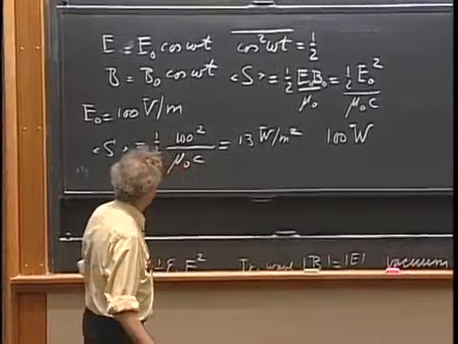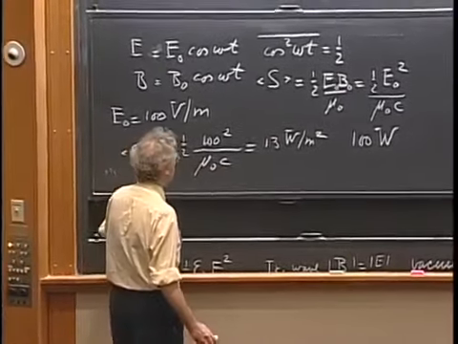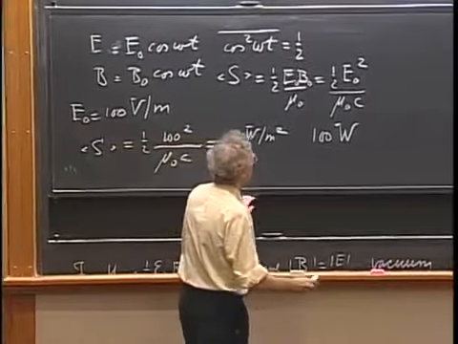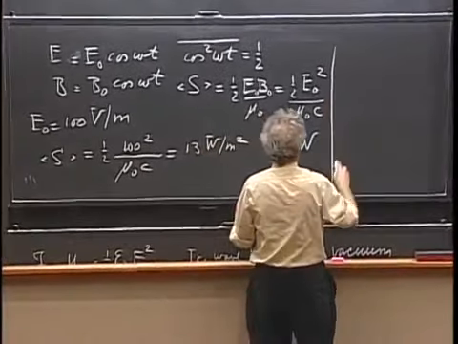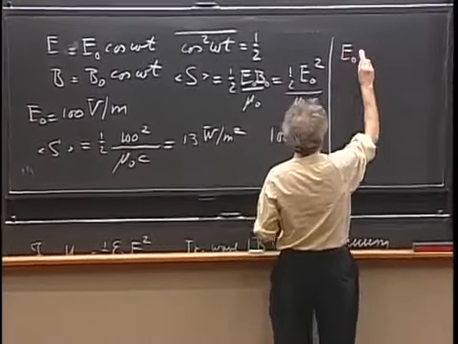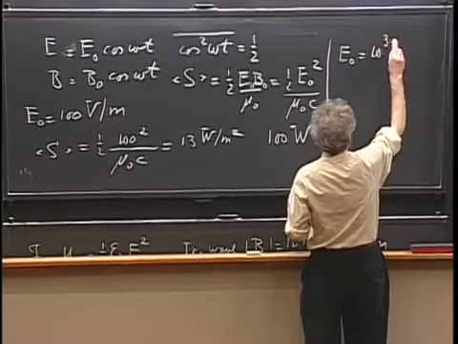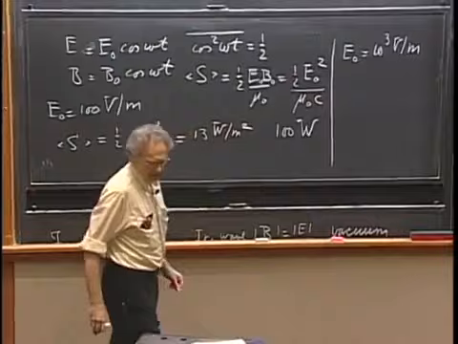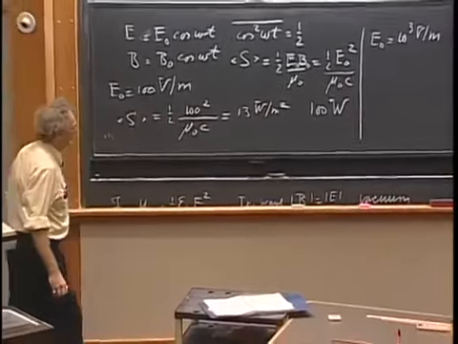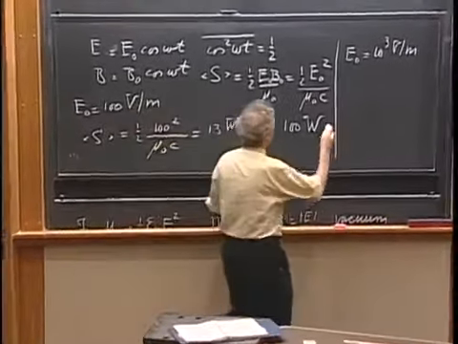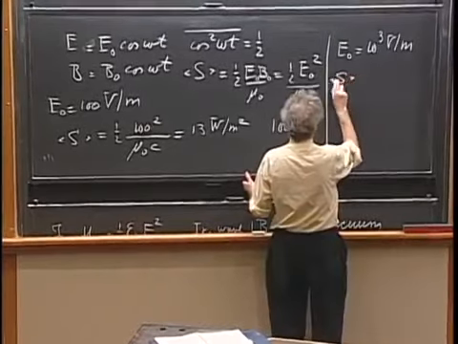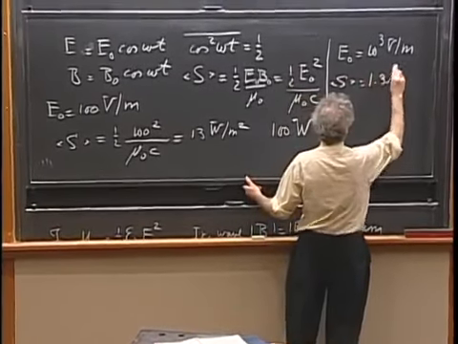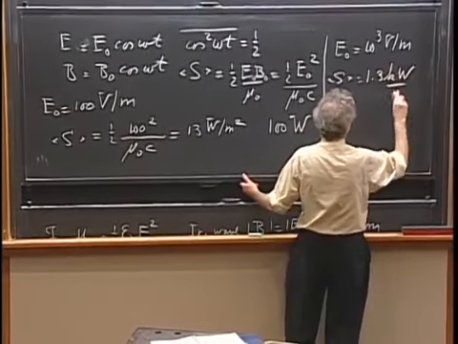But let's now take a situation that we have E0 equals 10 times higher, which is 1,000 volts per meter. Now the Poynting vector goes up by the square of E. So now you're going to get that the mean Poynting vector is 1.3 kilowatts per square meter.